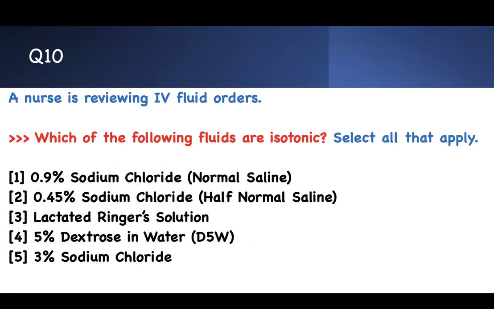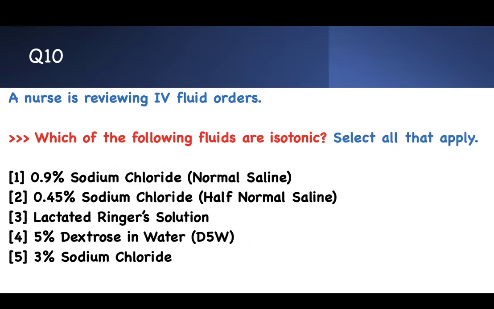This is the basics of fluid and electrolytes. Which one is isotonic? Normal saline is isotonic. 0.45% is what? Hypotonic inside your body. Lactated Ringer's is isotonic. D5W, when it's in the bag, is what? Isotonic. But when it's inside you, it is hypotonic.